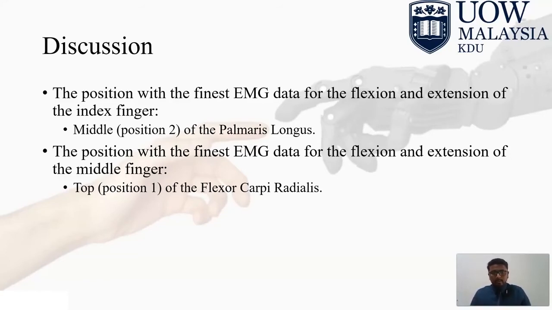The highest and the finest EMG data is from the middle, which is position 2 of the palmaris longus. As for the middle finger, the finest and highest EMG data is located at the top position, position 1 of the flexor carpi radialis. So these 2 positions will be used respectively to control the index and the middle finger of the artificial hand.